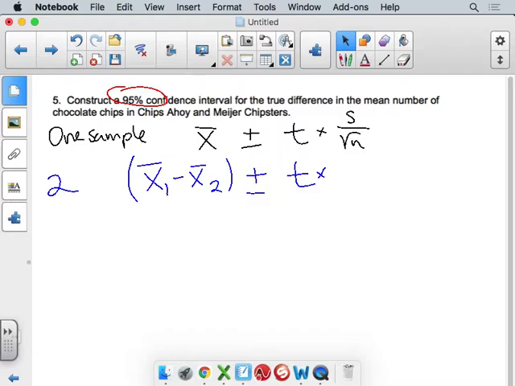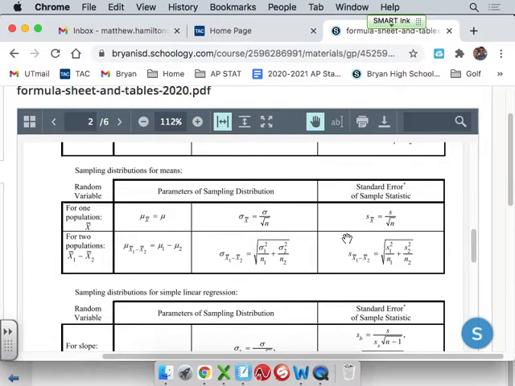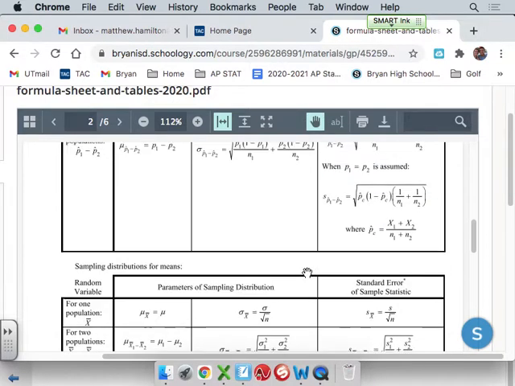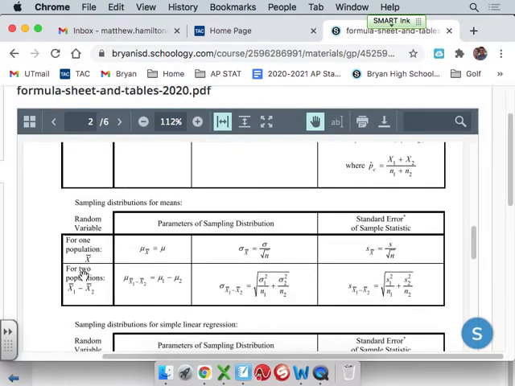If you can identify where it's at on the formula sheet, you go to the back side, we're on our means, we've got 2. This is the formula we're going to use right there. So just identifying what section we're in, standard error.